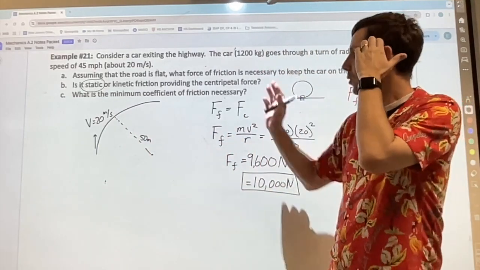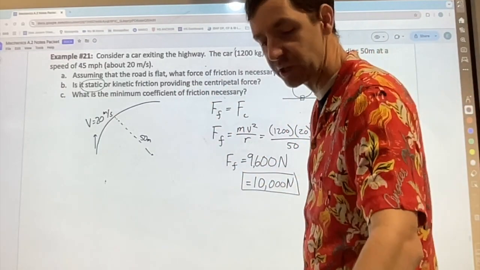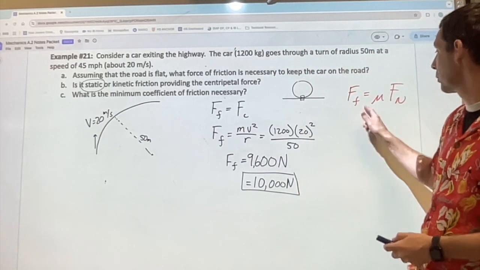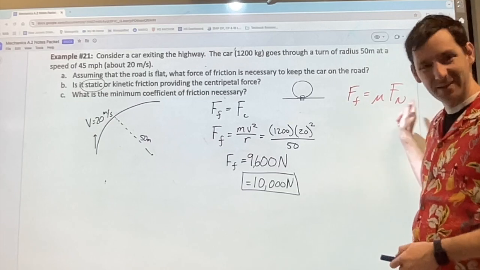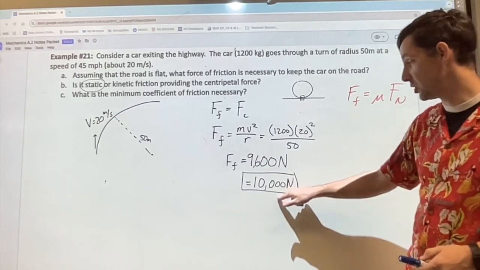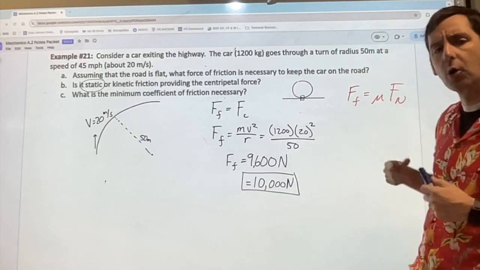All right, so next question, what is the minimum coefficient of friction necessary here? Okay, so now this is where we're going to step back into the formula that we know. Now, we know the force of friction now, which I'm going to put in, the 9,600. I need to know the normal force.